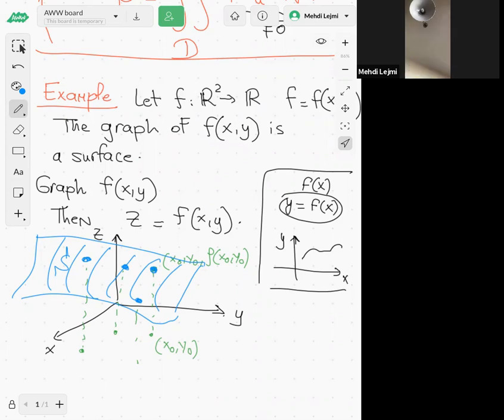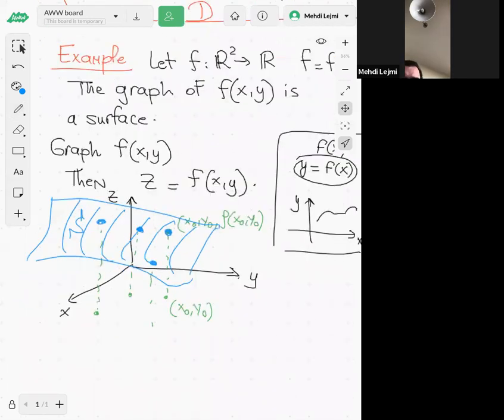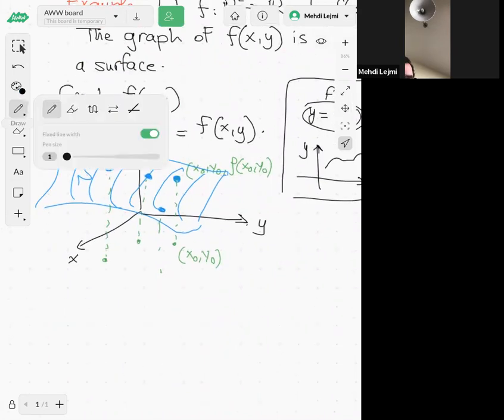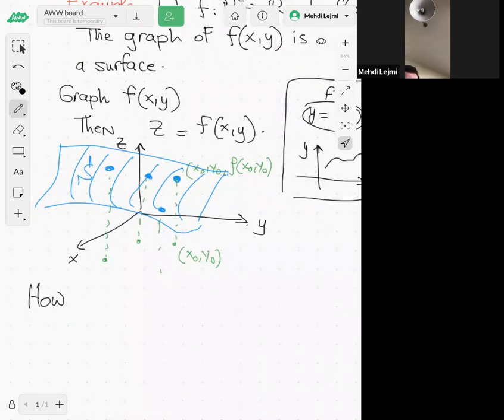Anyway, so we said, how do we parameterize the graph of f of x, y? This is a surface, of course. So how do we parameterize such a surface? Well, the simplest way to parameterize a surface given by the graph of some function f is this: how do we parameterize z equals f of x, y?